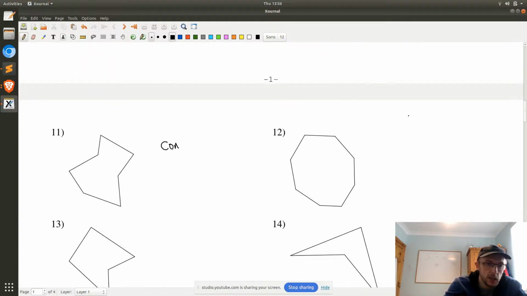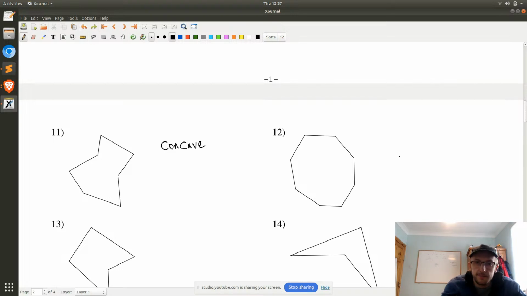Okay, this is a concave polygon, and here is the concavity, right? It's like the word cave, you know? And there's the reflex angle exceeding 180 degrees. And there's another one over there.